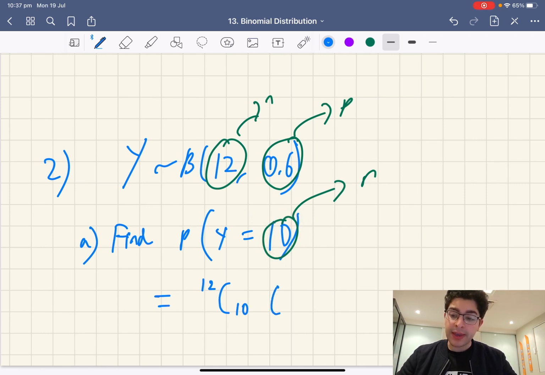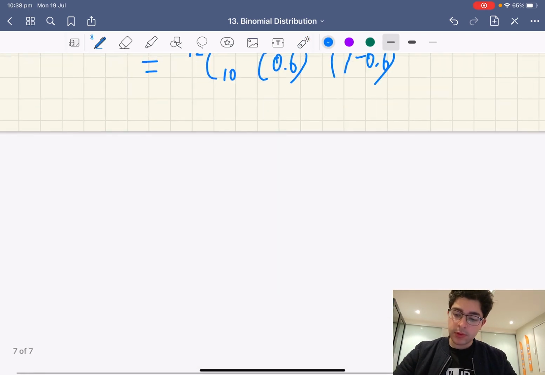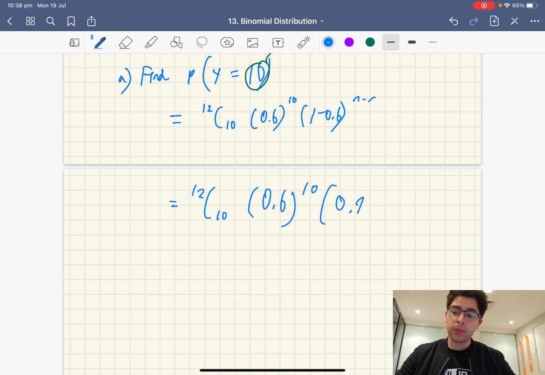Then times p to the r, so probability 0.6 to the power of the number of successes, which is 10, times 1 minus p, so 1 minus 0.6 to the power of the remaining attempts, n minus r. That's going to equal 12 C 10, 0.6 to the 10, and 1 minus 0.6 is 0.4.